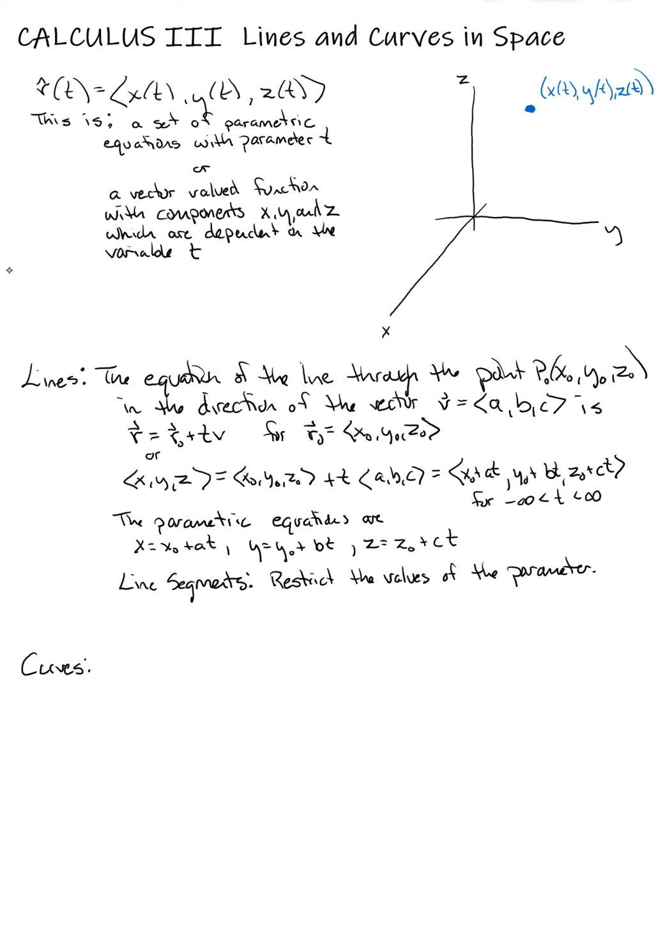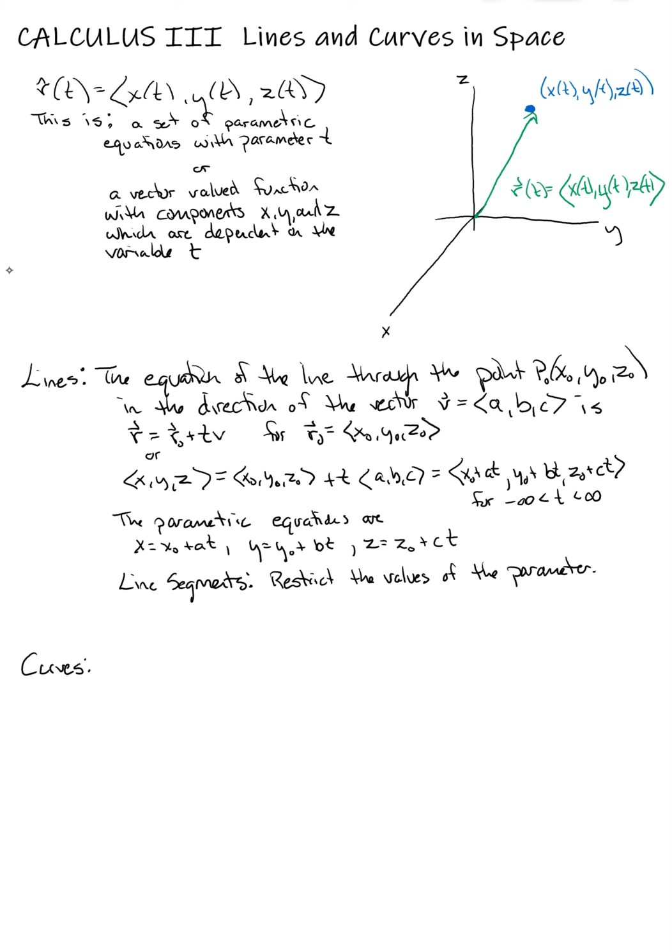So there it is as a point, and then what we do is we create a vector in standard position, so it starts at the origin and goes to that point. That is the vector r of t, which is the vector x, y, z. All right, so now I've got a vector.